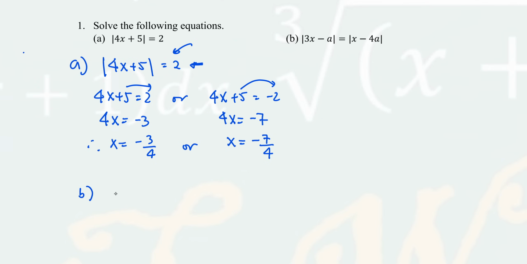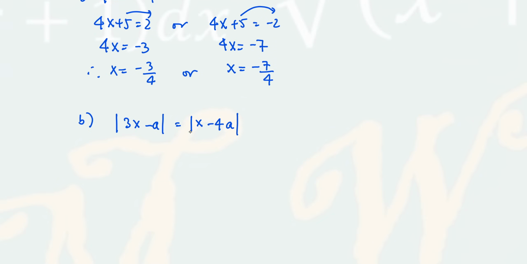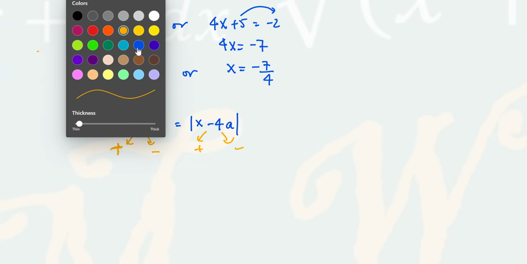And now for the B, modulus of 3x minus a equals to modulus of x minus 4a. So now, for this question, you have two modulus instead of one modulus. So same as just now, you consider this as positive and negative, and here is also positive and negative. So now, if you look at here, supposedly there will be 4 cases. Let me show you.